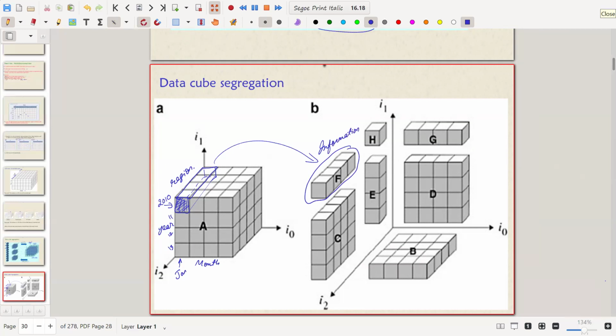I hope you are able to appreciate why we need a data cube. Suppose you did not have a data cube. Suppose you don't know the concept of a data cube before, and I tell you this is the homework for you: in the year 2010 and the month of January, give me rainfall data of various regions throughout the world.